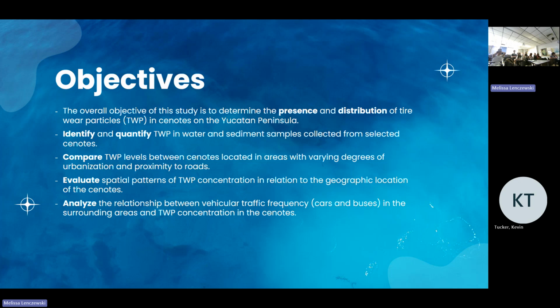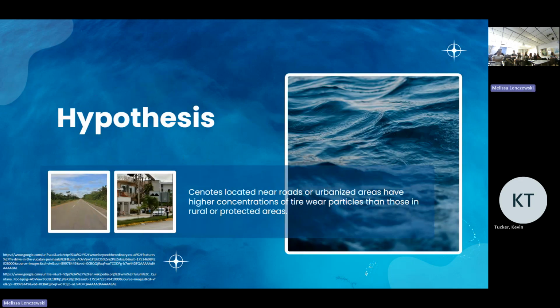Then we will analyze the relationship between vehicular traffic frequency, that's cars and buses, in the surrounding areas and the tire particle concentration in cenotes. My hypothesis is that cenotes located near roads or urbanized areas will have a higher concentration of tire particles than those in rural or more protected areas.